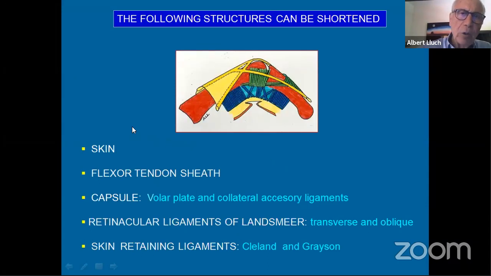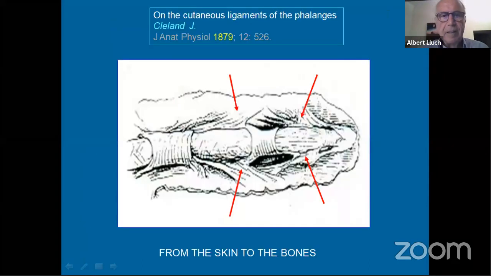So all the following structures can be shortened from volar to dorsal: the skin, as we mentioned before, the capsule by the volar plate and collateral accessory ligaments, the retinacular ligaments of Landsmeer, the transverse and the oblique, and the skin retaining ligaments that we'll talk about now.